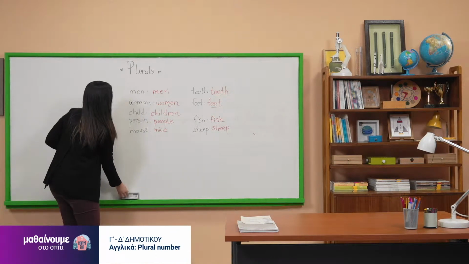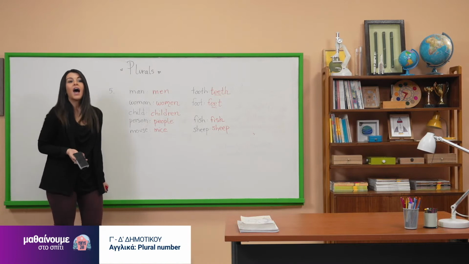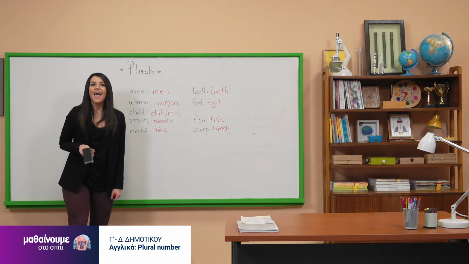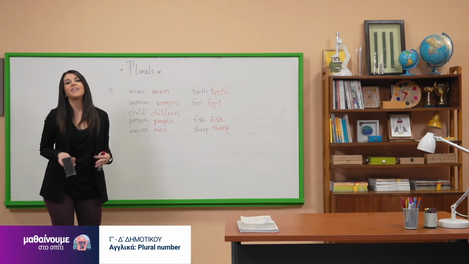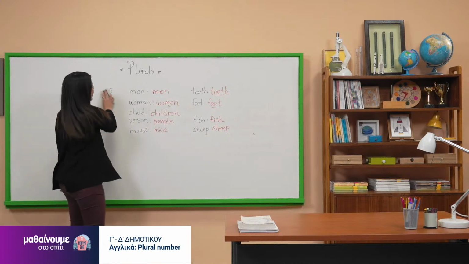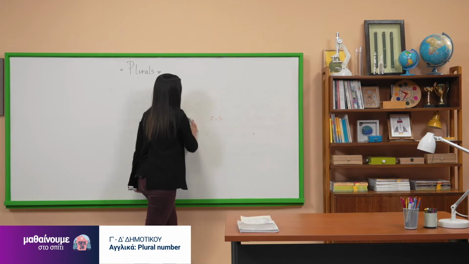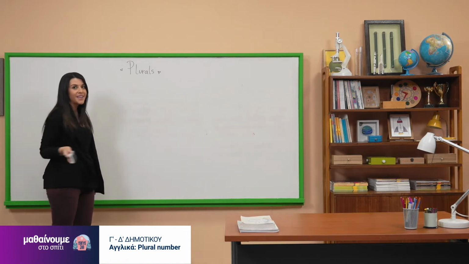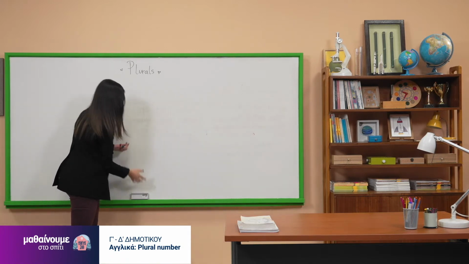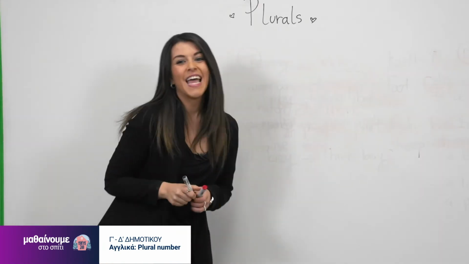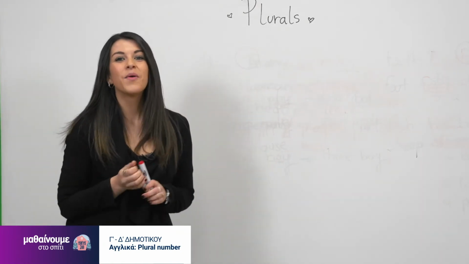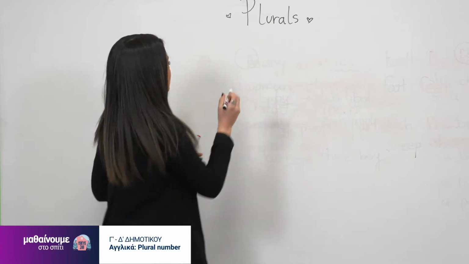Now, we can practice together. I will tell you some words, and then I will give you some time to think, and I will tell you the answer, okay? So, let me see if you were paying attention. I hope you were. So the first one, let's go with boy, okay?